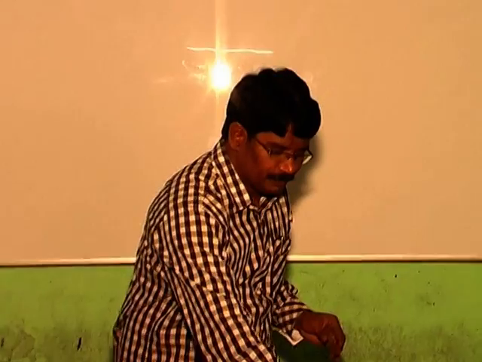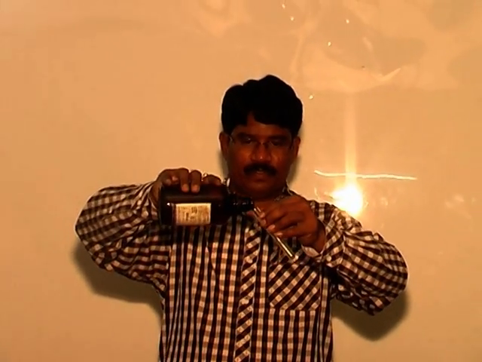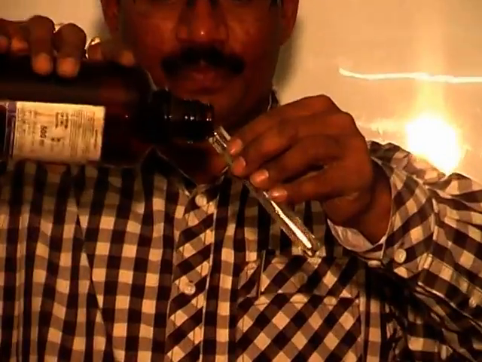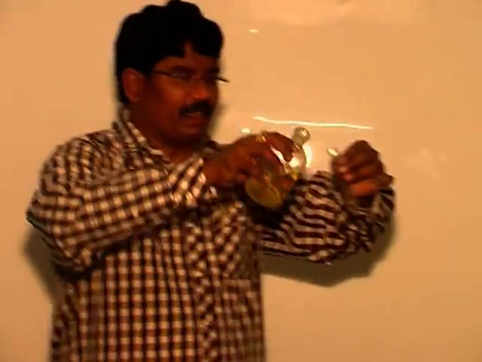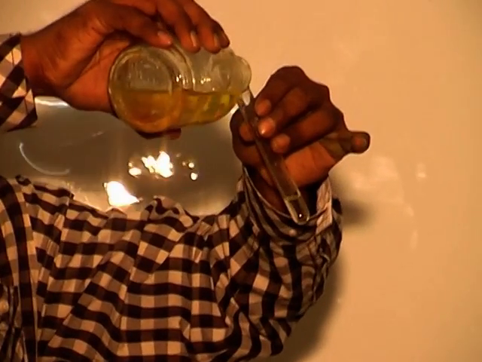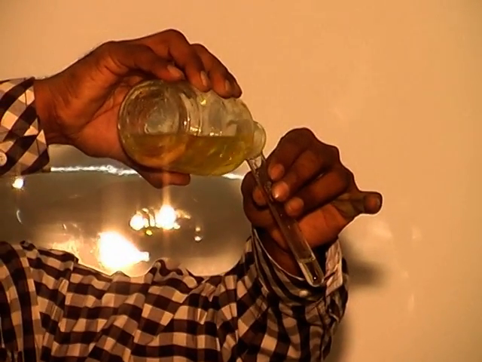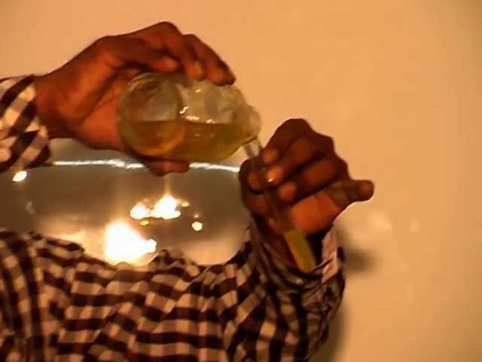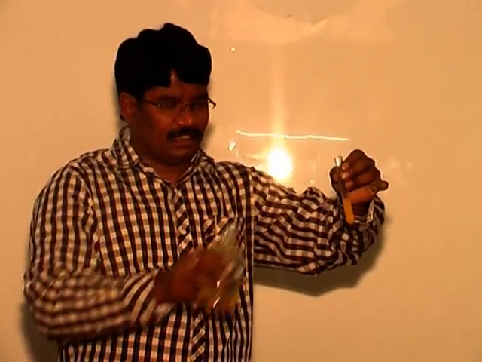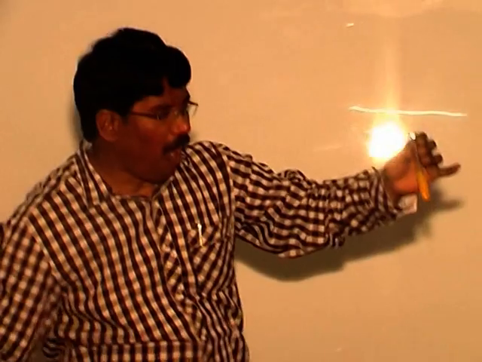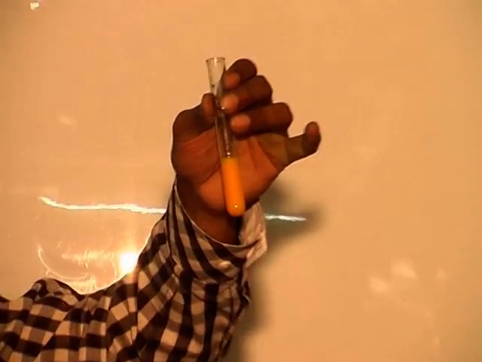So in such case, again I am taking this acetaldehyde, and into this acetaldehyde I am adding 2,4-DNP, 2,4-dinitrophenylhydrazine. Then an orange yellow precipitate is formed.